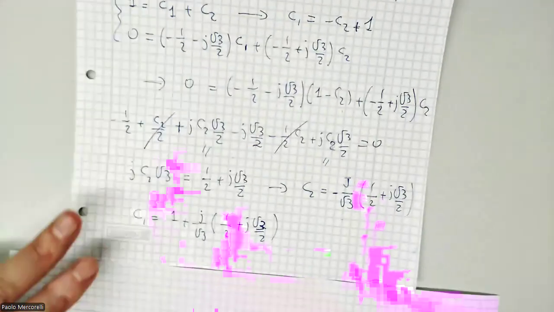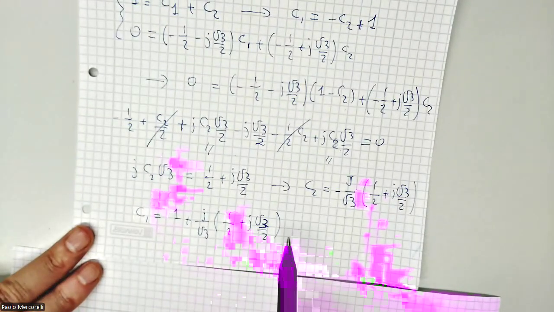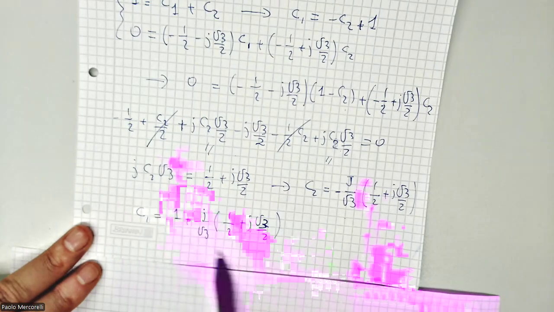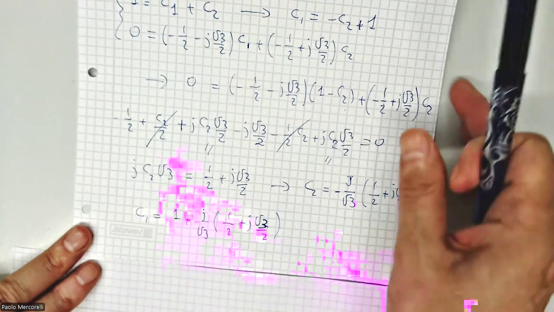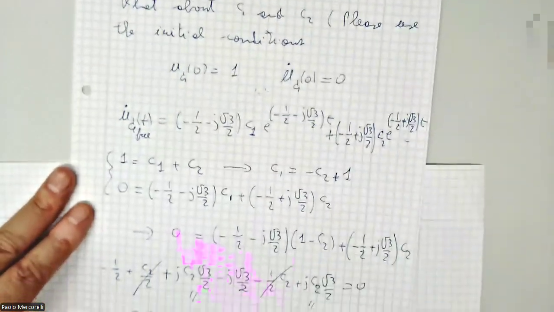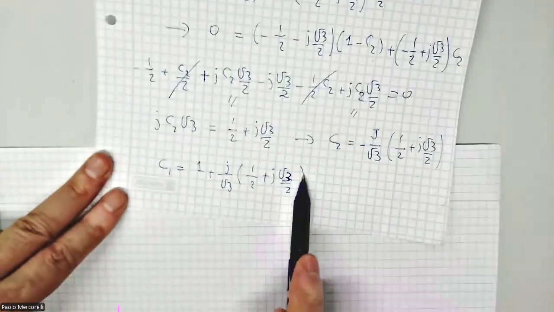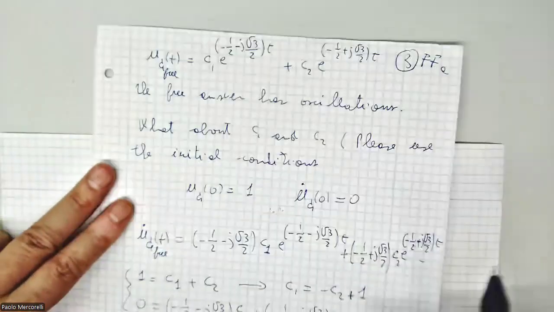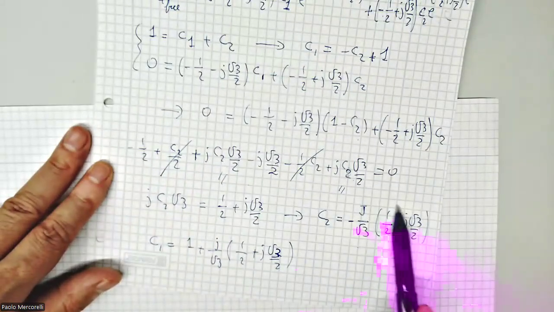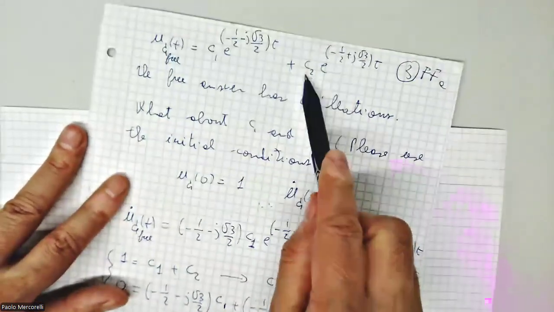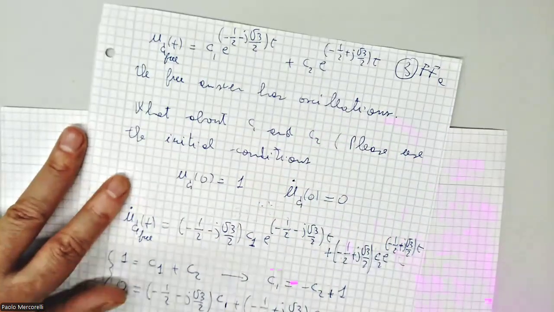Let me do some comments. Of course, I didn't complete. I have to write the UC3, putting this boring expression here, and putting this boring expression here, and we have a very long boring expression.